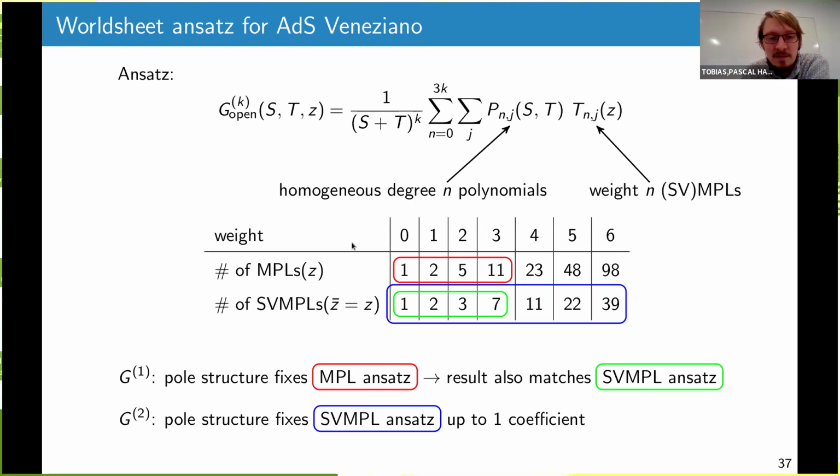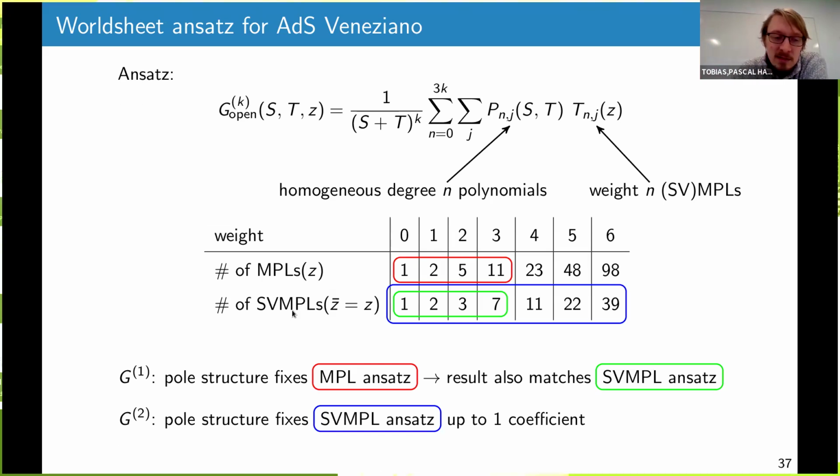In this table, we have the number of multiple polylogs of a given weight, and then the number of single-valued multiple polylogs at real values. Since the worldsheet integral is only over real values of z, integrating z from 0 to 1, we have to consider single-valued polylogs evaluated on the real line.